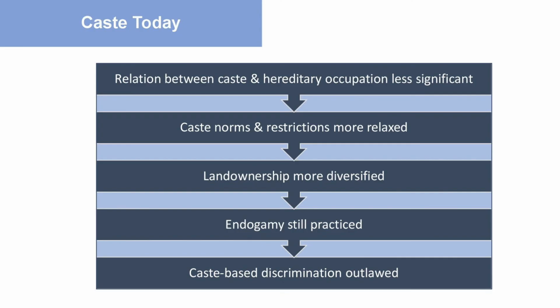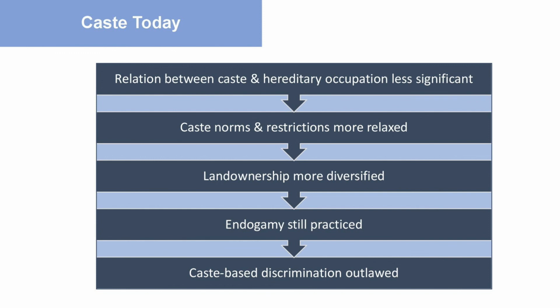in rural India. In present contemporary times, we see that the relationship between caste and hereditary occupations has become less significant. We also see that norms and restrictions of social interaction among different castes have also become more relaxed. Wealth and power in the village is also less associated with caste, as land ownership has become more diversified.